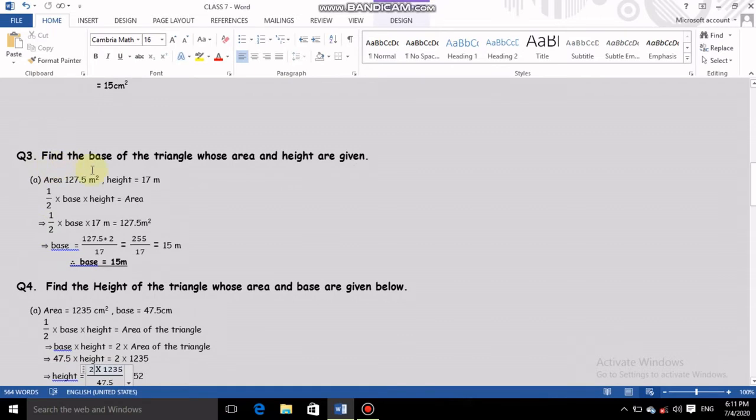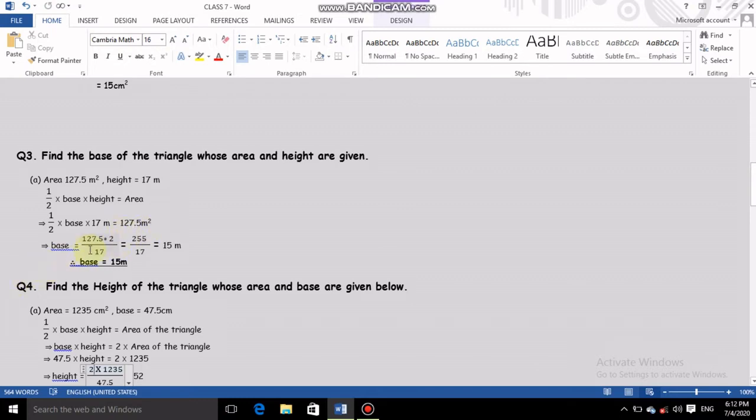Question number 3. Find the base of the triangle whose area and height are given. Area is 127.5 meter square, height is 17 meter. So half into base into height is equal to the area of the triangle. So half into base into 17 meter is equal to the area, 127.5 meter square.